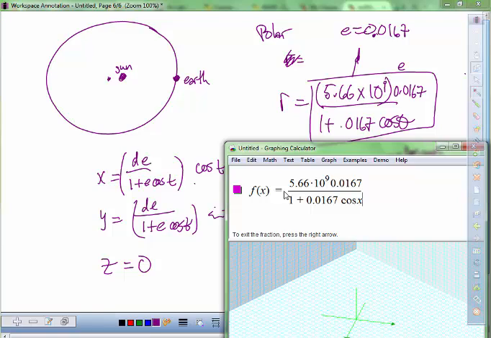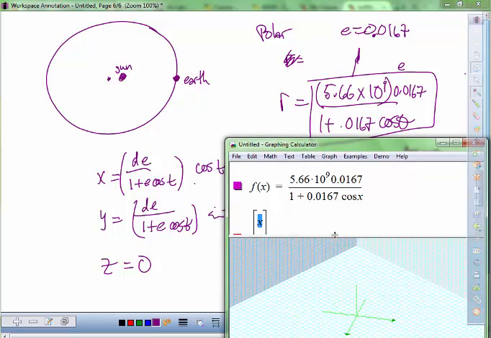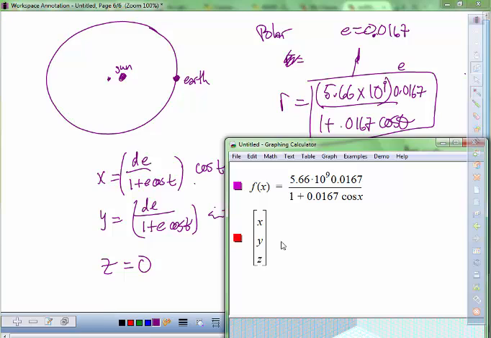So I'm just going to call this f, and then I'm going to define my function in 3 dimensions as being equal to the f function that I just defined.